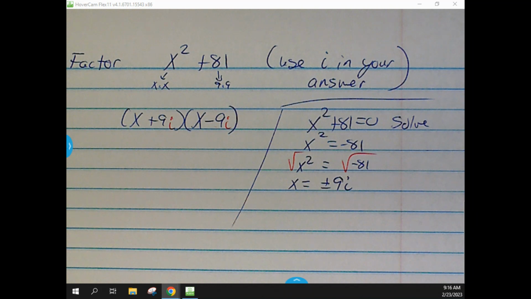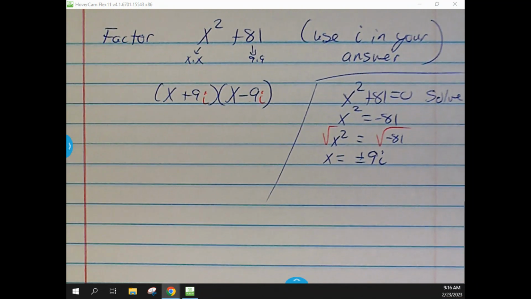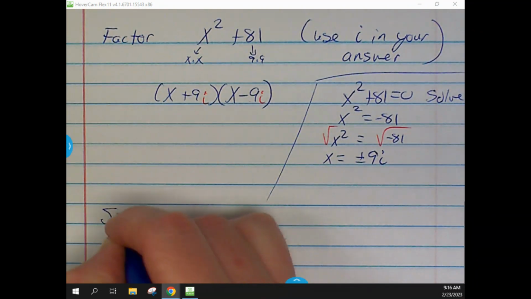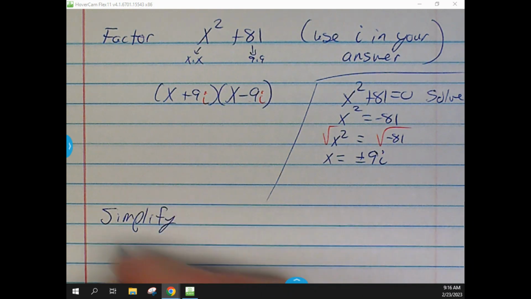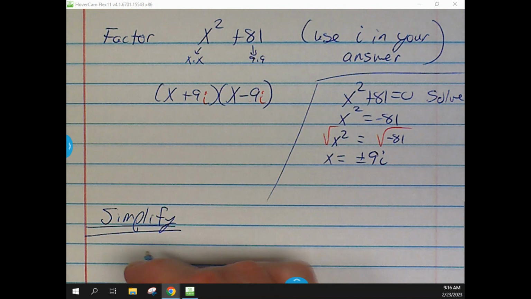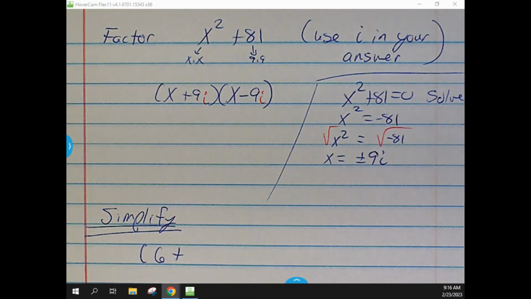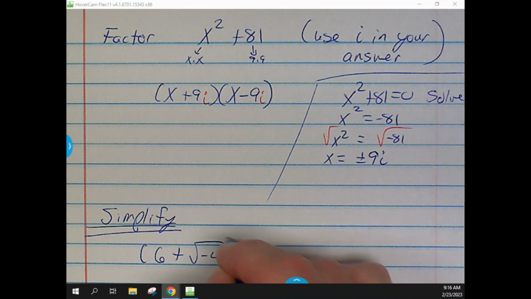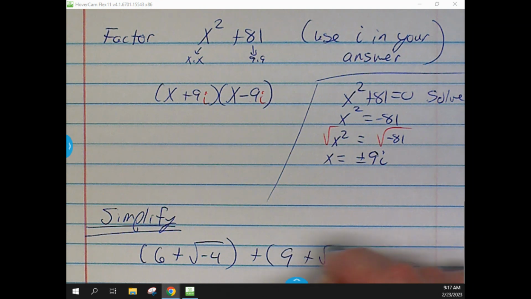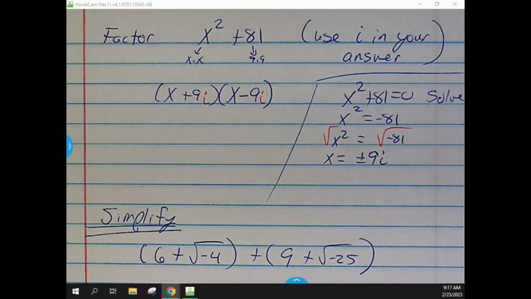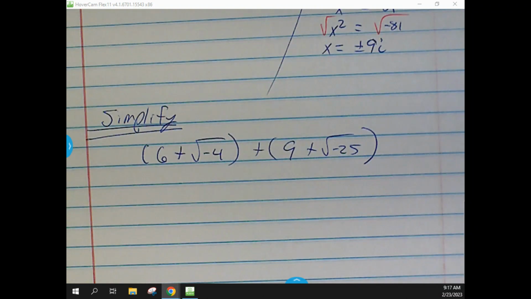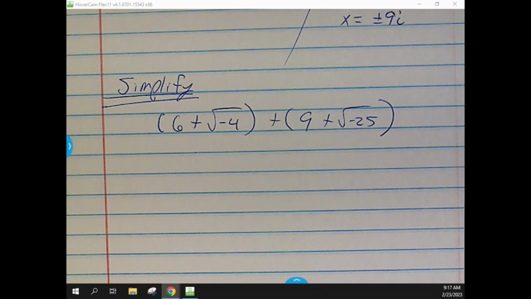Okay, and the last couple of little random things that I may throw at you, kind of along with the factoring part of it, but it's really more simplifying than anything else. So here's one that would ask you just to simplify 6 plus the square root of -4 plus 9 plus the square root of -25.